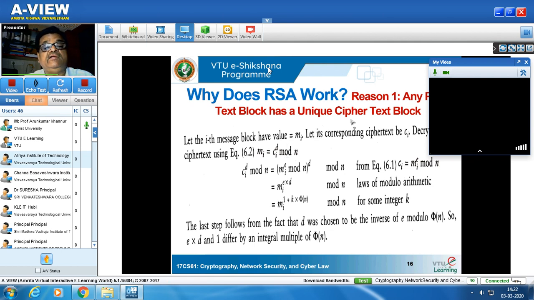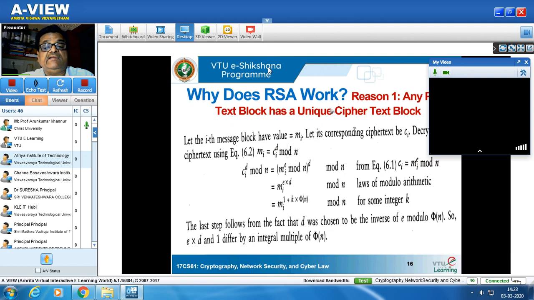So we are trying to show here that RSA works: when you do this encryption on mi and decryption on ciphertext ci and carry out the mod n operation, the value we get allows us to recover the message, the same as the ith message block with value mi.